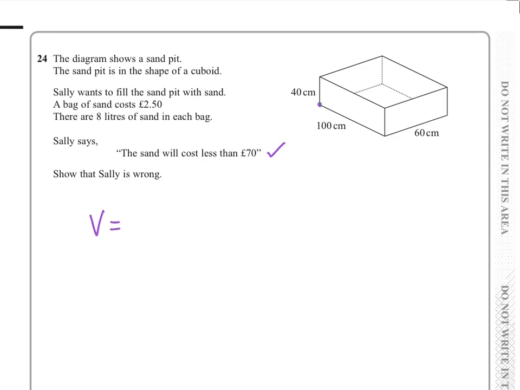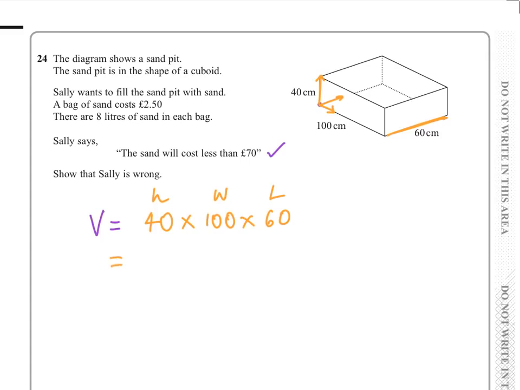So we take a corner and we just look at the dimensions in all directions. So we've got 40 going up, we've got 100 for one of the base lengths, and we've got here 60 for the base width. So we've got like height, width and length. Doesn't really matter which way round you do these as long as you're multiplying each of the three together.